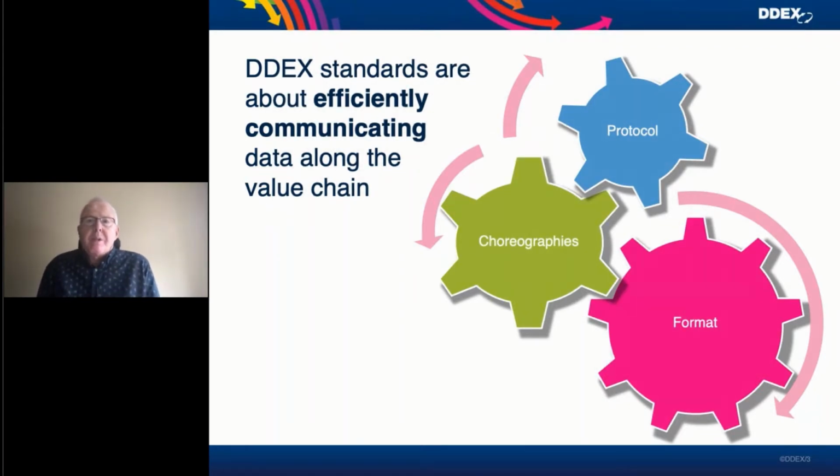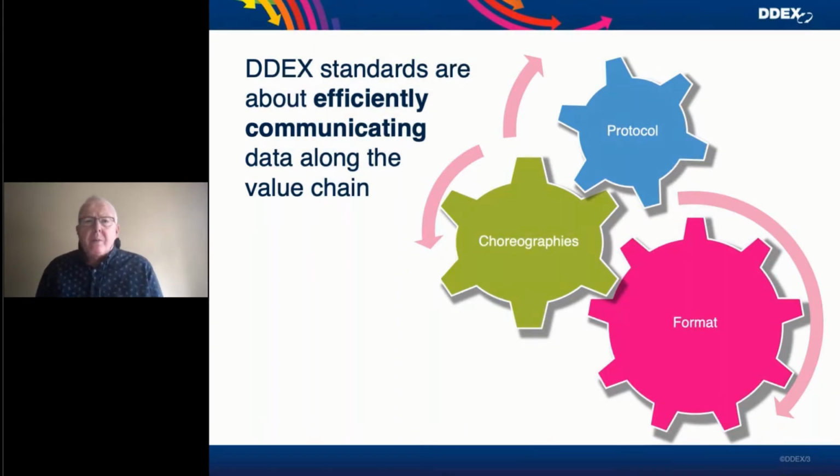And what those do is to set out the fields and the order of the fields within a message, and how those fields and the data items that will be populated in them are related to each other, so that when a person or a company receives a DDEX message, they know exactly what information is being communicated to them.